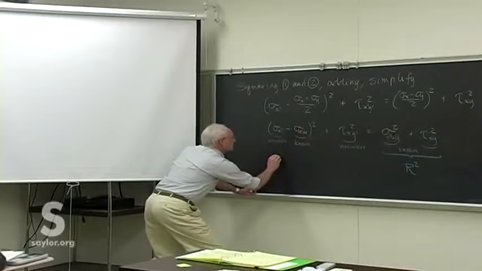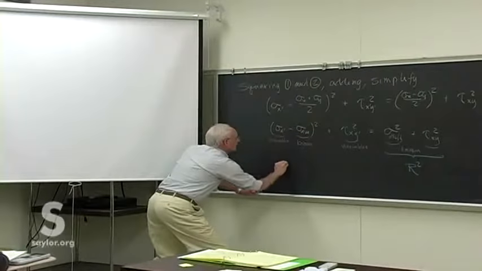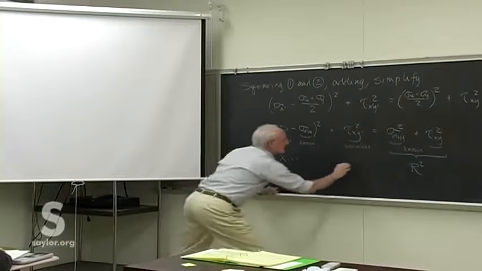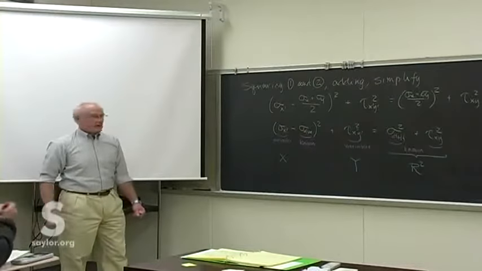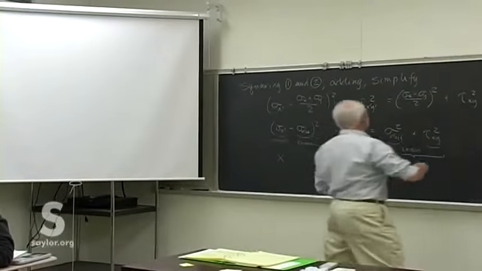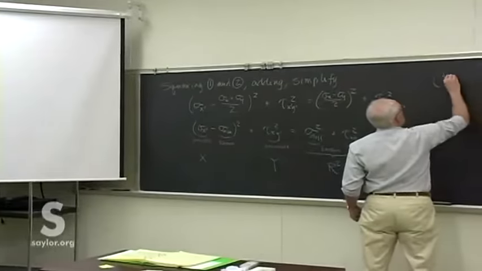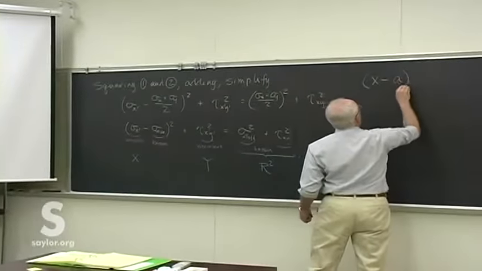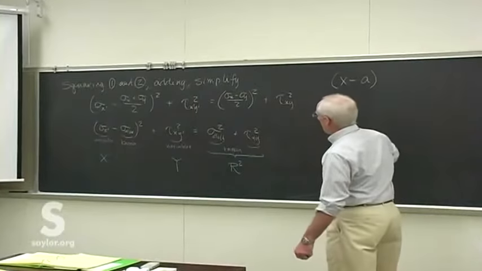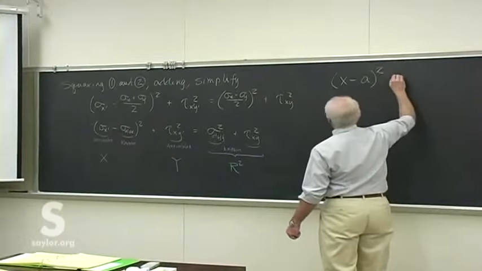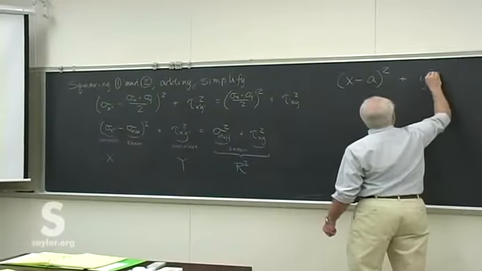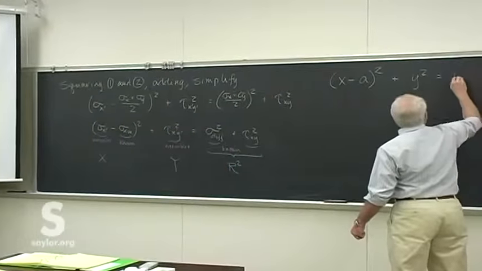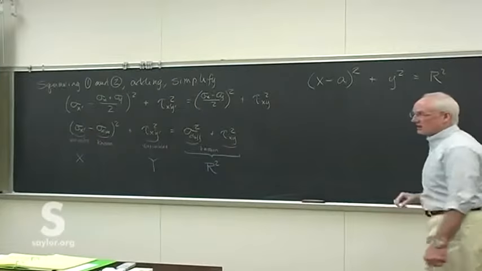We could call this one variable x, call this variable y. Then you notice the equation we've got then is x minus a, where a is the average, squared, plus y squared equals a constant that I've called r squared.